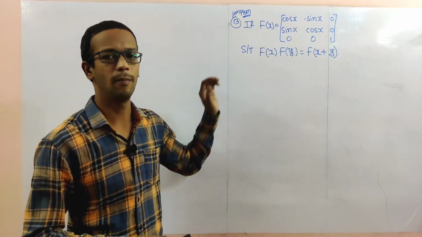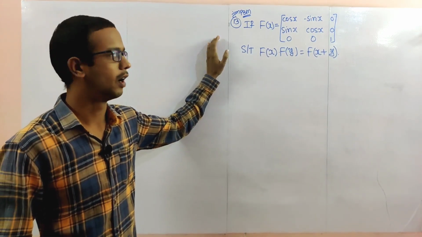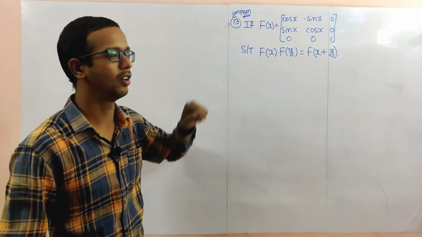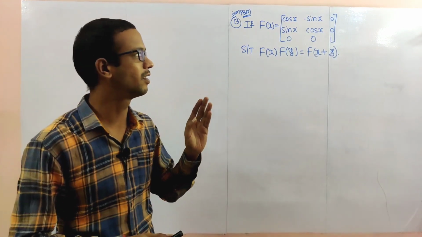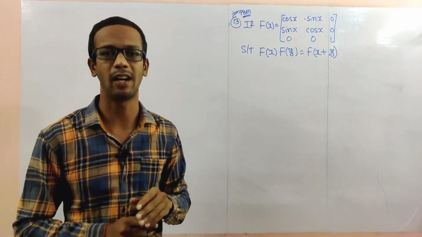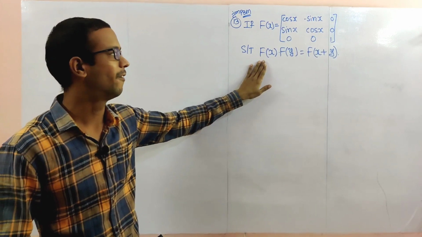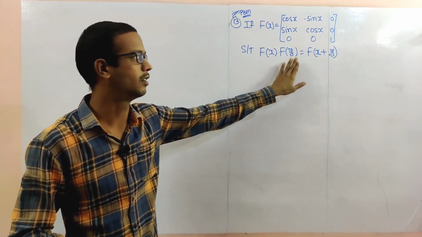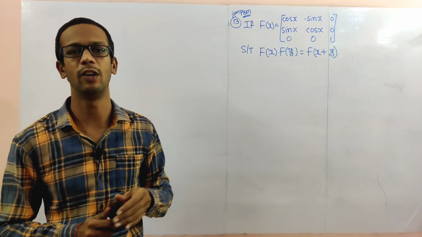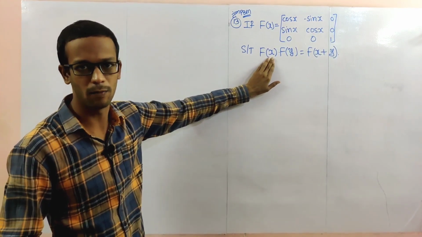Next, problem number 13, important for 3 marks question. If f of x is equal to the matrix cos x, minus sin x, 0; sin x, cos x, 0; 0, 0, 1. A 3 by 3 matrix, 3 rows and 3 columns. Show that f of x into f of y is equal to f of x plus y. For that purpose, f of x is already there, no problem.